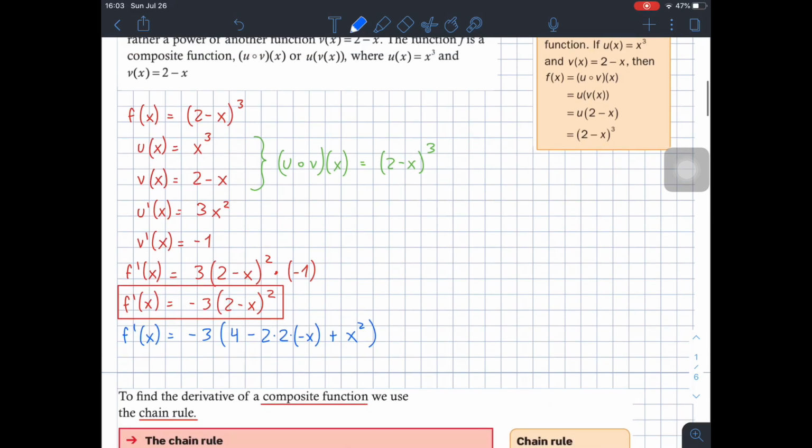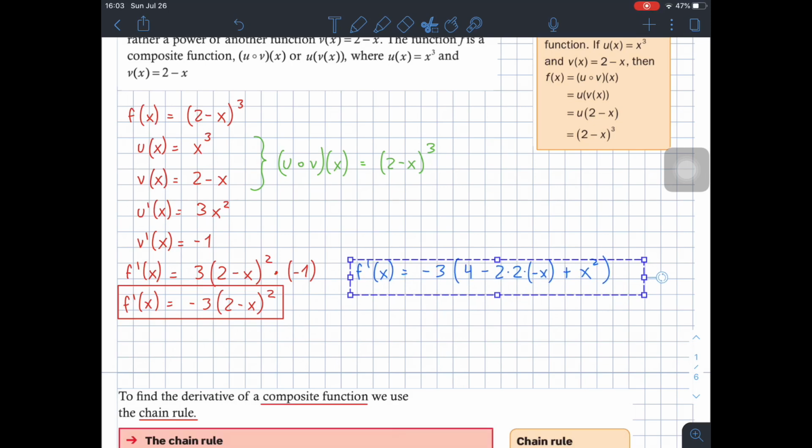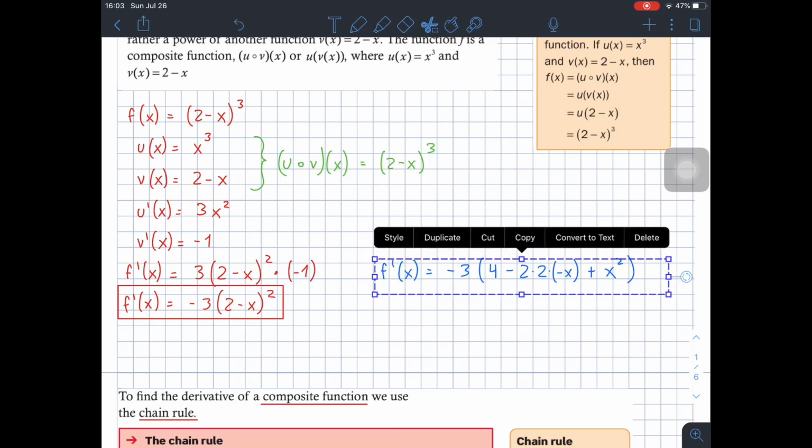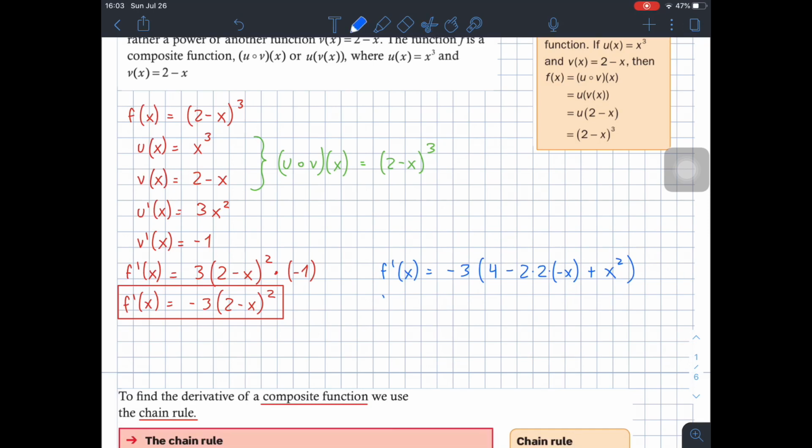If I continue simplifying, f prime of x would be negative 3 times (4 minus 4x plus x squared).